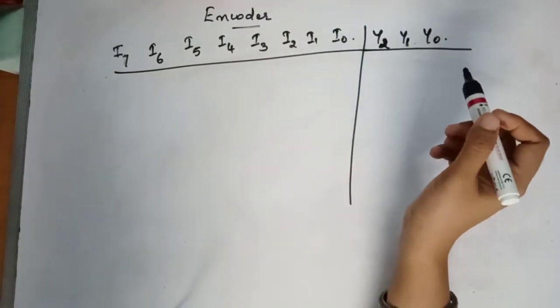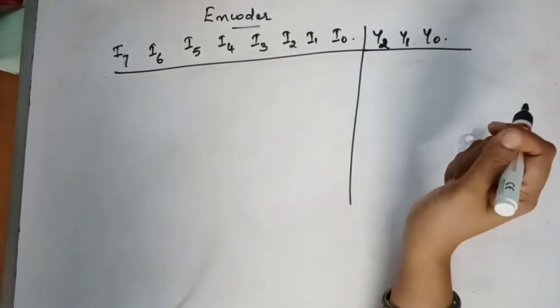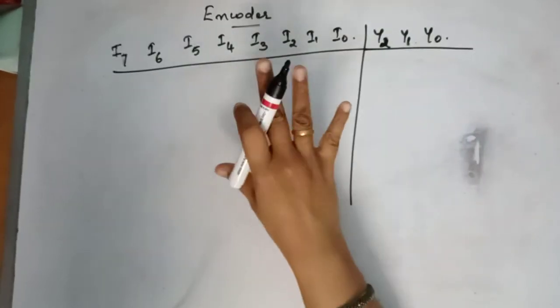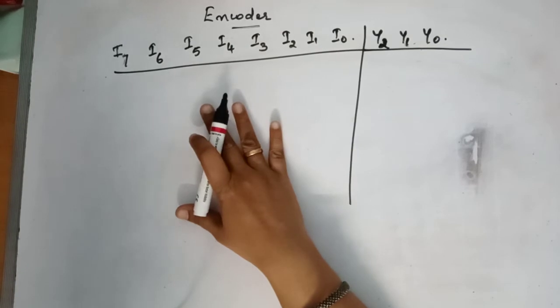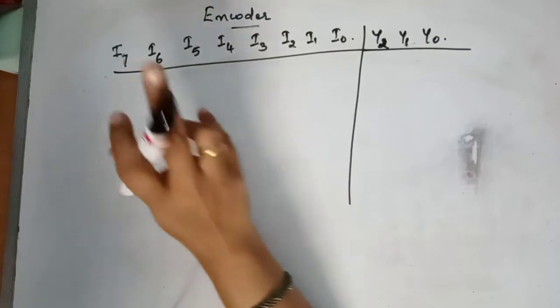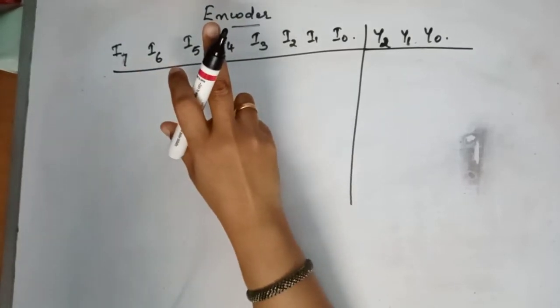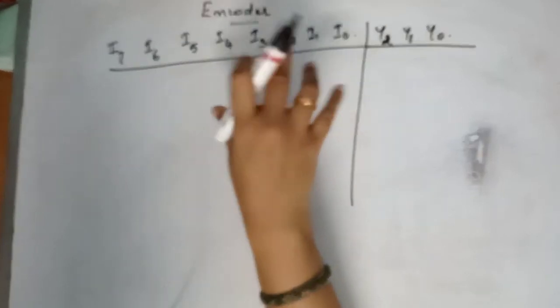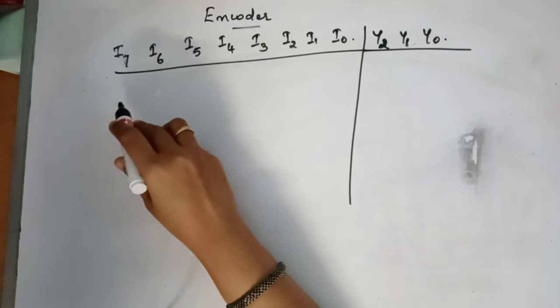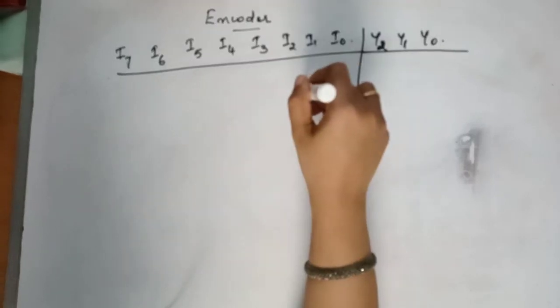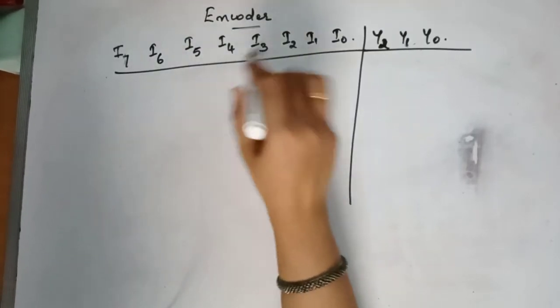Okay, so in the case of a normal encoder, there are different types of encoders. In a normal encoder, you can have only one input high at a time. Okay, only one input will be high at a time. So if I0 is 1, rest will be 0. I1 is 1, rest will be 0. Like that.